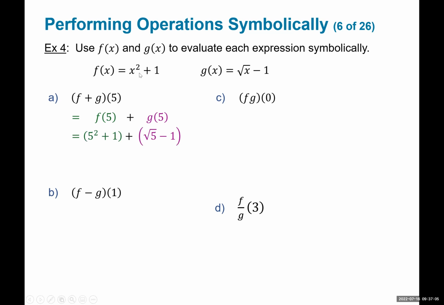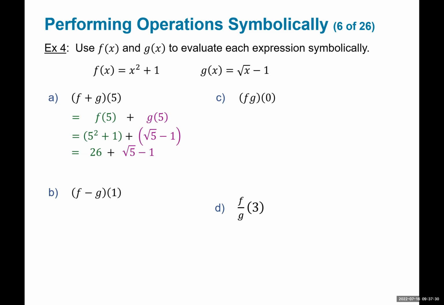So you're going to substitute 5 into both equations, get your number, and add those two numbers together. So if we put 5 in the first equation, we get 5 squared plus 1, which is 25 plus 1 is 26. And then the square root of 5, that's not a whole number, so subtracting that is going to be a decimal approximation. So we really just can leave it. Okay. So that's 26 plus the square root of 5 minus 1.